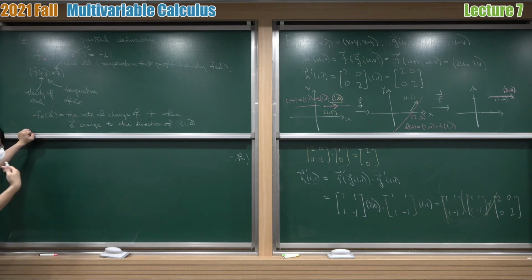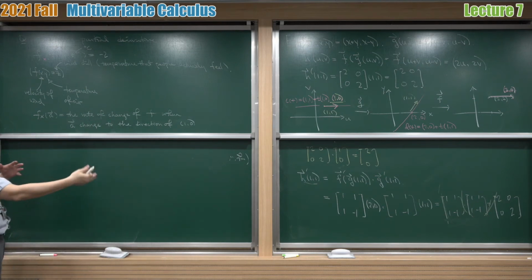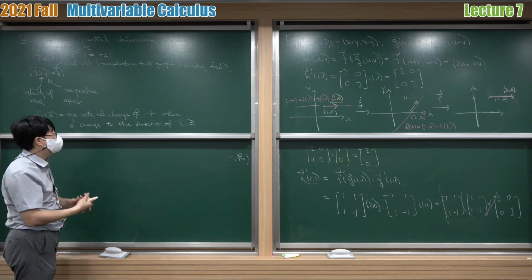And I want to find out how much the value of the function changes. When I change the value of a by a very small amount, the actual change of the value of the function is very small. But what I really want to see is the rate of the change.